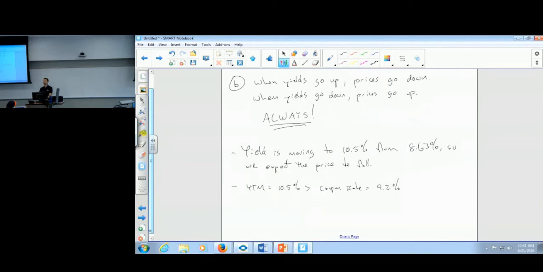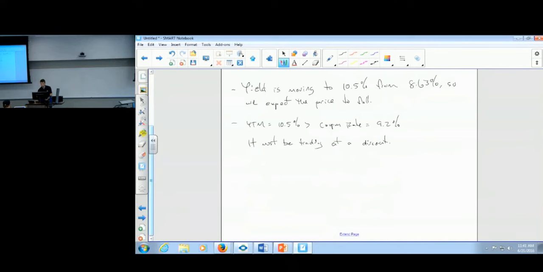What then do I know about the price? It has to be trading at a discount. So I'm expecting a price something less than $1,000 when I go in and calculate this.